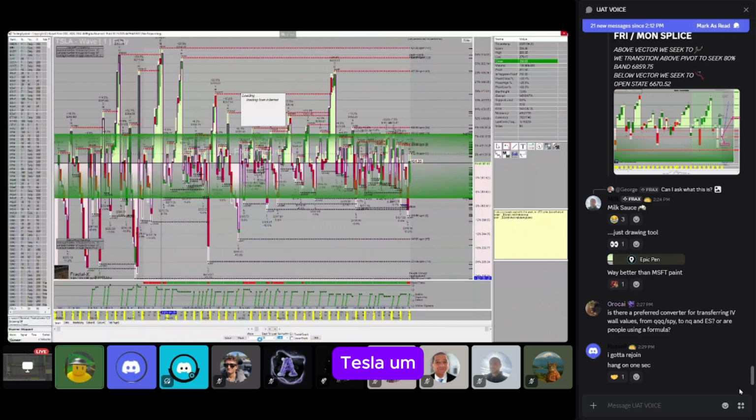I was just pulling up Tesla. Something I've been looking at lately is the Wave 50 60-minute. It's been nice. Yeah, that Tesla 760, that thing's been the golden child on it.